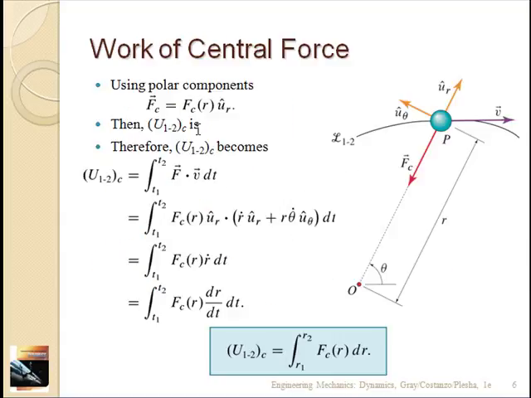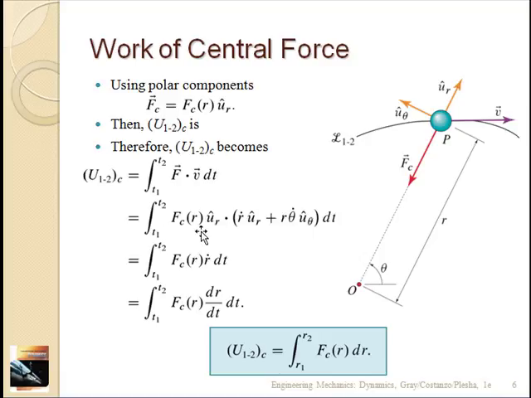So we can derive the work done. The central force is just some magnitude Fc, which depends only on r, the distance from the center to the position of the particle, and then it acts along this radial unit vector. So the work done in going from point 1 to point 2 from a central force is just the integral of F dot dr. We can write dr as v dt, so it's the integral from t1 to t2 of F dot v dt.